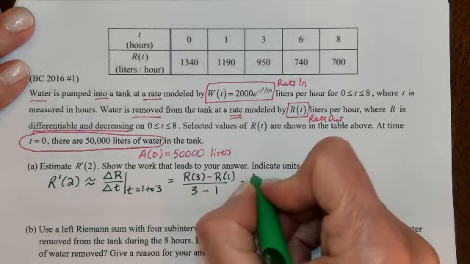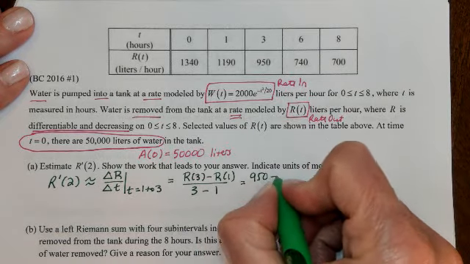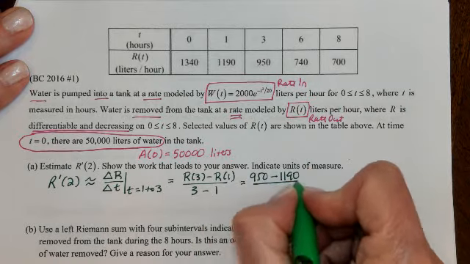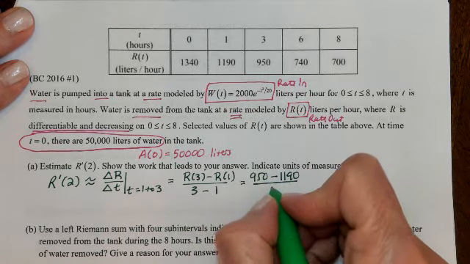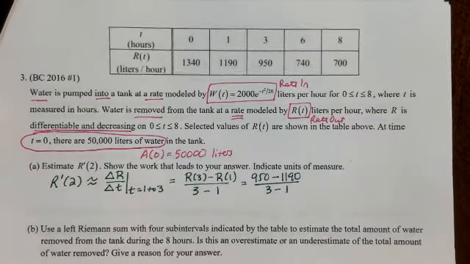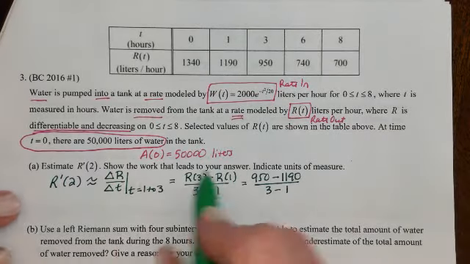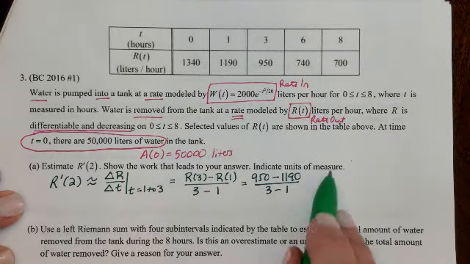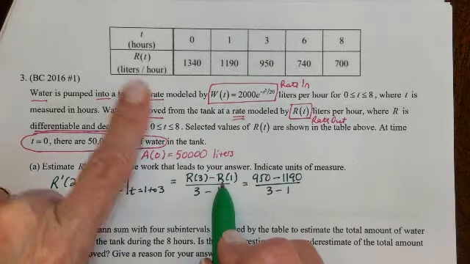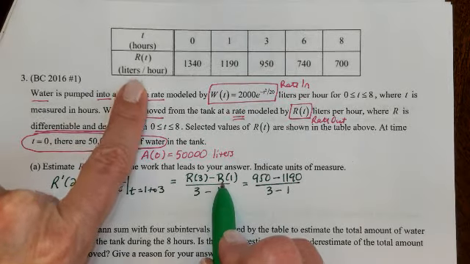And R of 3 is 950. R of 1 is 1190. And 3 minus 1 is 2, or you can just write 3 minus 1 and stop right there. Okay? It says to indicate units of measure, so I need to give units for this. R's units are liters per hour.